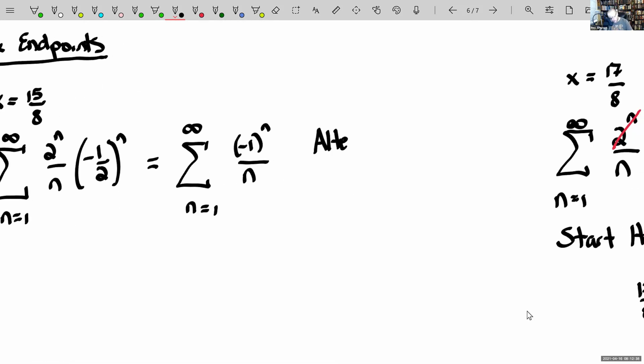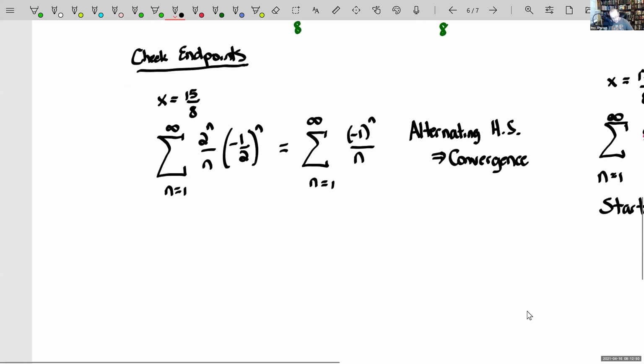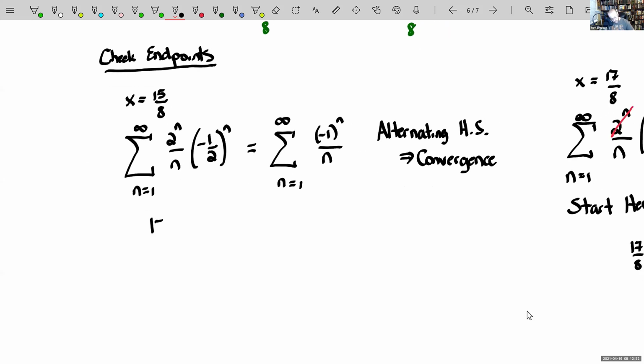Alternating harmonic series implies convergence. We've already proven that in the past. So I know that 15 over 8 is included in the interval of convergence.